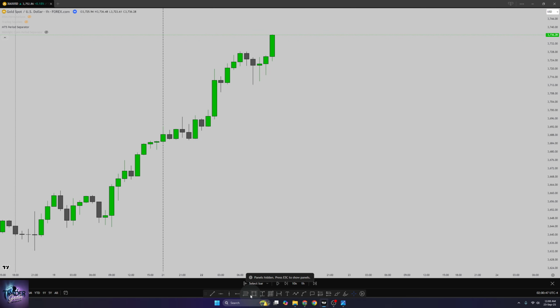As we can see, we have a down close candle that will be like an order block for us. At the same time, we have this fair value gap. So I'm only marking the down close candle. This is our bullish PD array. Our target is going to be this price.